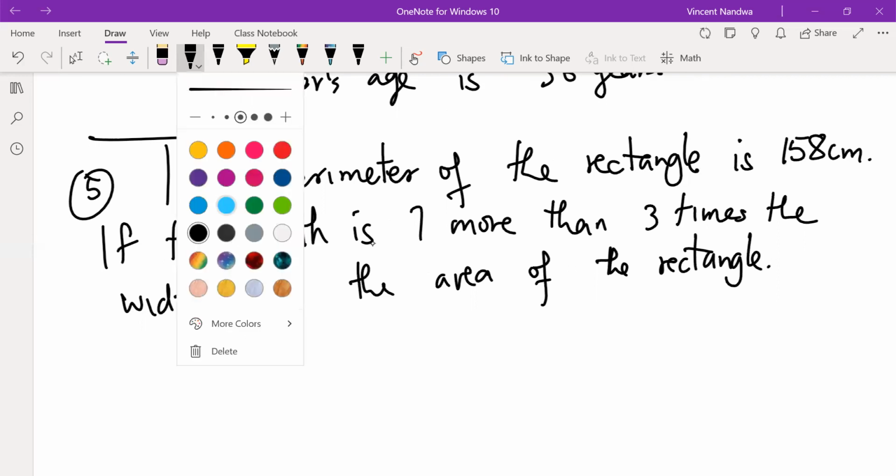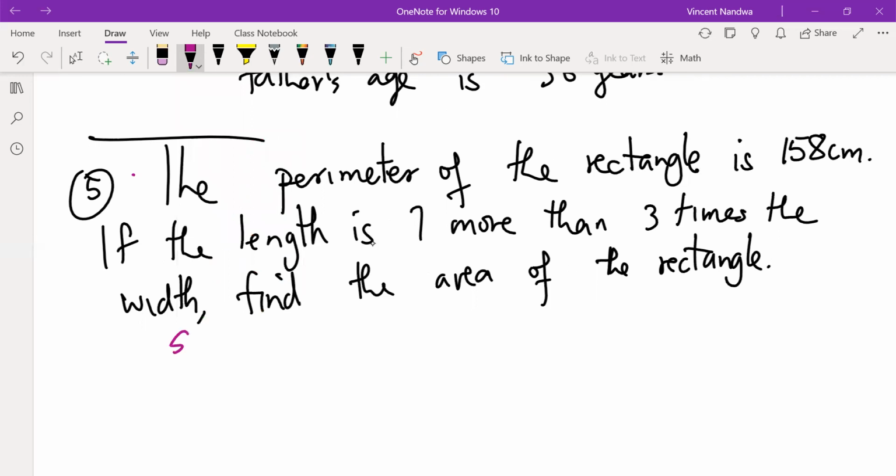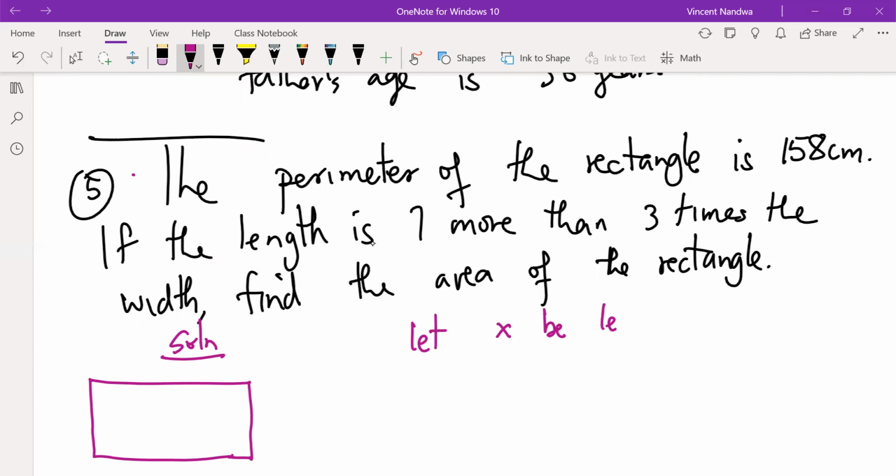In such questions, it's better to draw a sketch. So let this be the rectangle. And let X be the length and Y be the width.